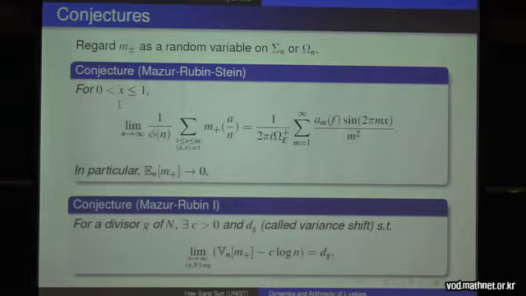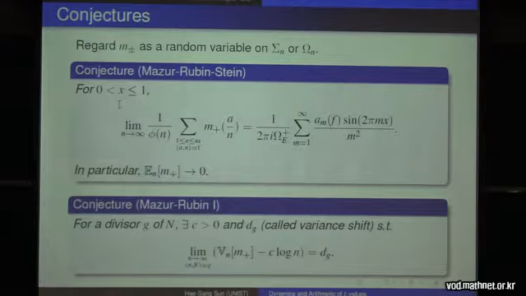The conjecture by Mazur and Rubinstein is a little bit messy, but let me explain it. For a real number between 0 and 1, the partial sum of this modular symbol, divided by phi n, has a limit, and that limit is some kind of special value of a Dirichlet series.